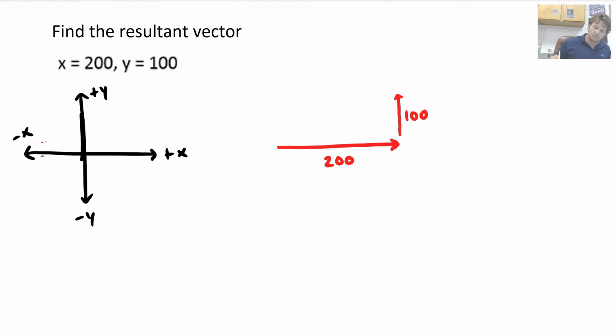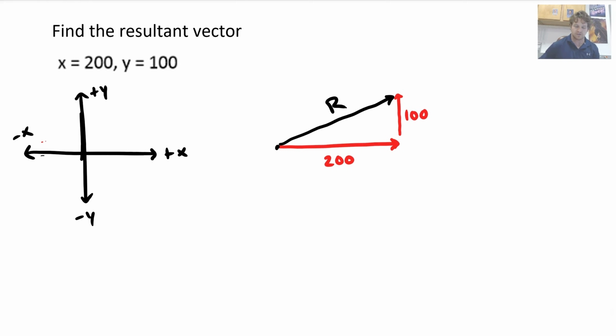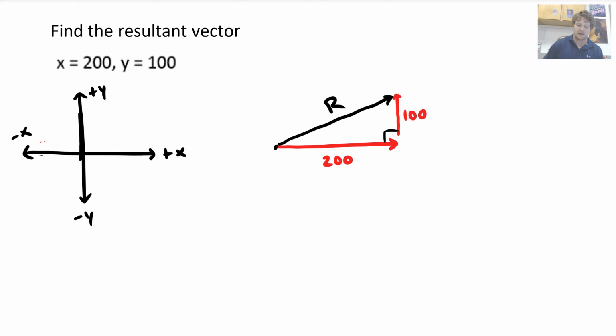And then we are being tasked with finding the resultant. So the resultant is figuring out what that vector is right there. Now what this should look like is a right triangle. And we have tons of wonderful ways of finding all the missing sides and angles of a right triangle. Right there I have two legs, so the easiest way to find a resultant is probably Pythagorean theorem.